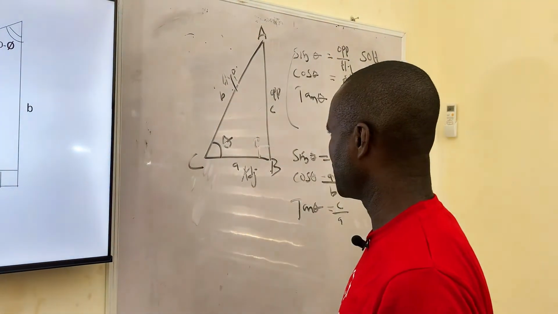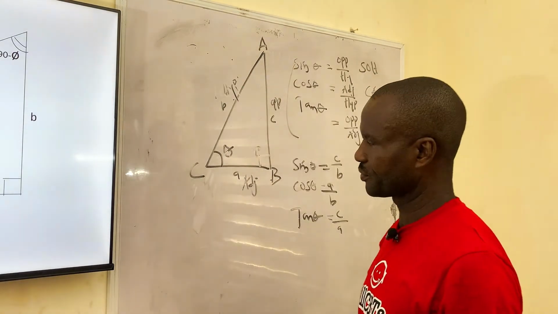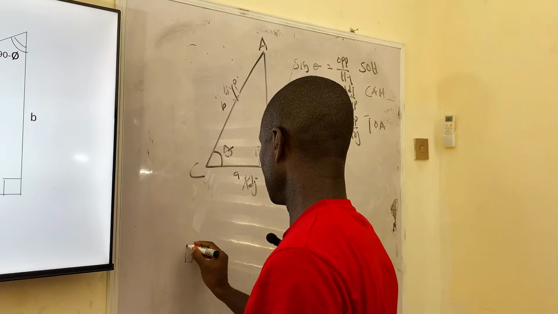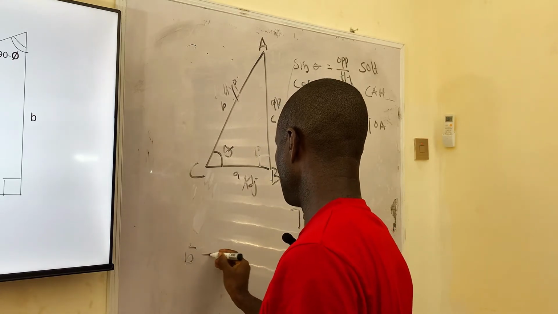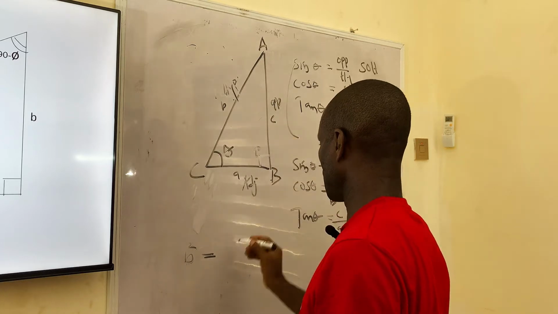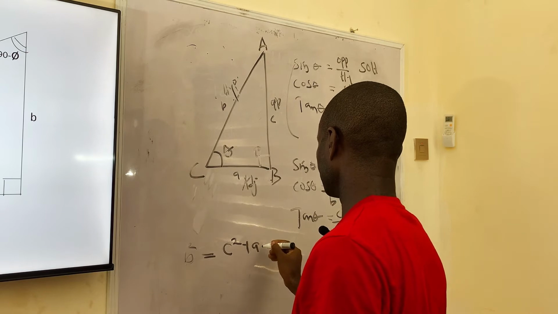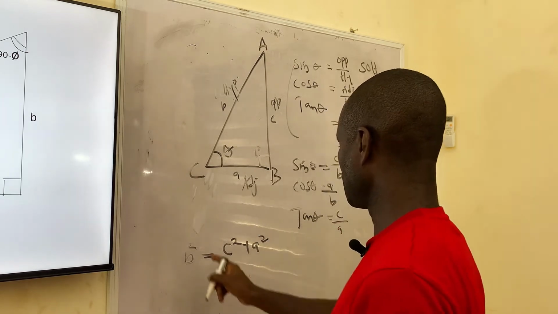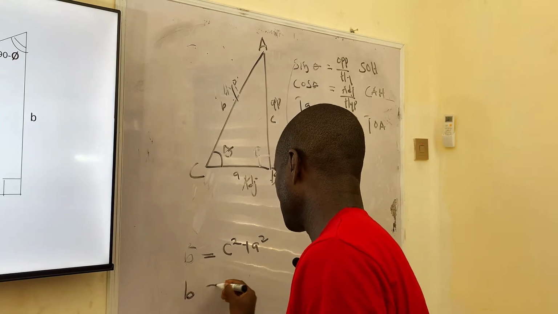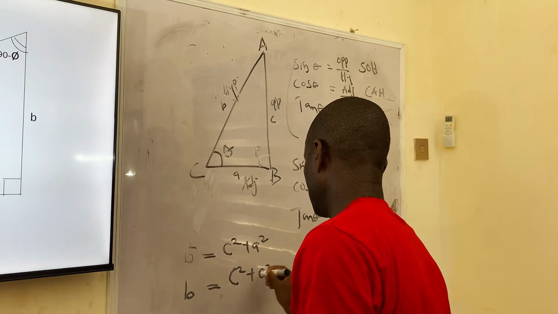Pythagoras theorem simply says that the square of the longest side, which is the hypotenuse b, is the sum of the squares of the two other sides: b squared equals c squared plus a squared. So to find side b, take the square root of both sides. b is equal to the square root of c squared plus a squared.